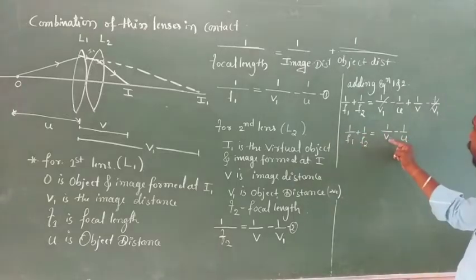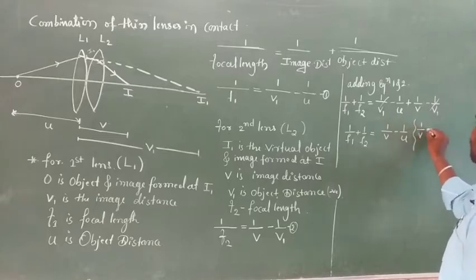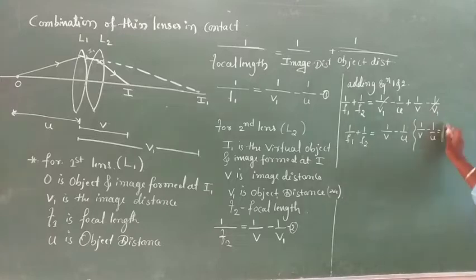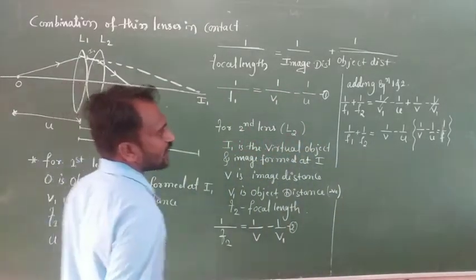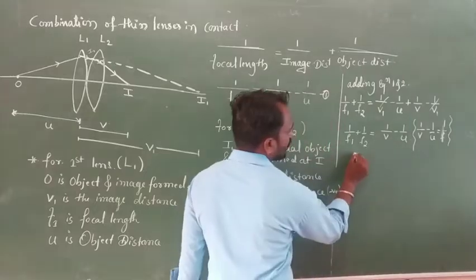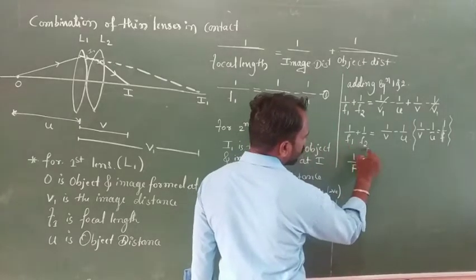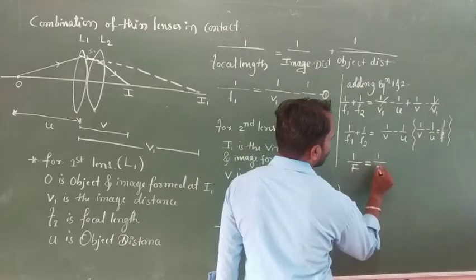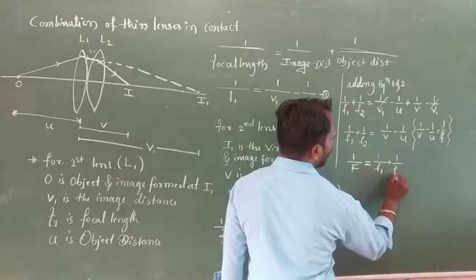1 by v minus 1 by u is 1 by f, as you already know from the lens formula. So 1 by f equals 1 by f1 plus 1 by f2.